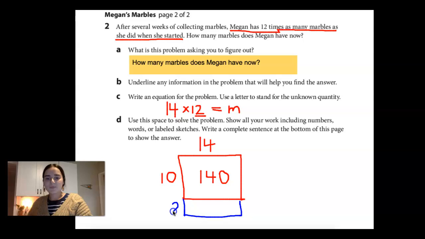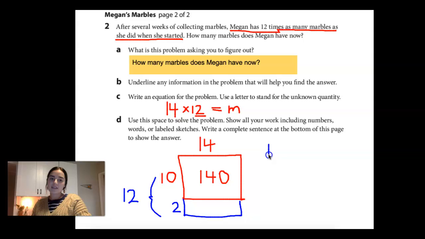All right? Because when I do that, I will have 12. There we go. Now all we need to figure out is what 14 times 2 is. So I'm going to give you a second to try and figure that out on your own.